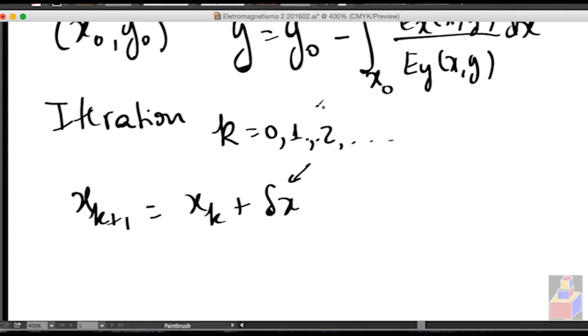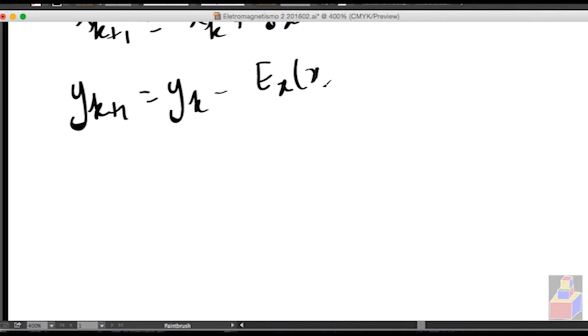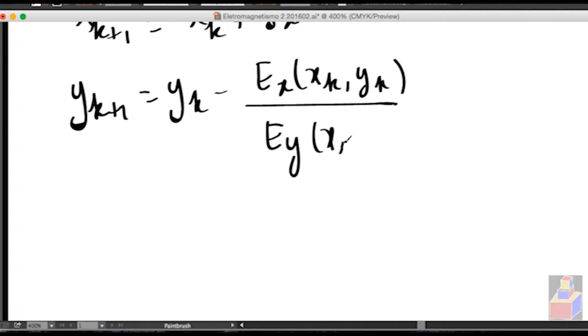And then you just make a difference equation. y_(k+1) equals y_k minus Ex calculated at the previous set of points divided by Ey at x_k, y_k, times delta x, right? So it's very similar to the program blocks you developed for the field line. Just make a slightly different equation now.